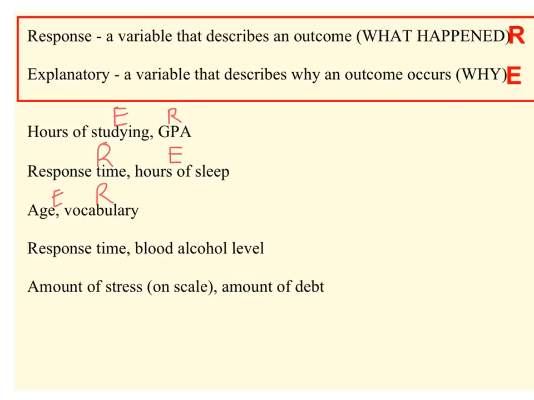Again, this is why we have laws about this: the amount of alcohol in your blood explains why you may have a slower response time. Amount of stress and amount of debt. And again, I think this will explain this, that the more debt you have, probably the more stress you have.